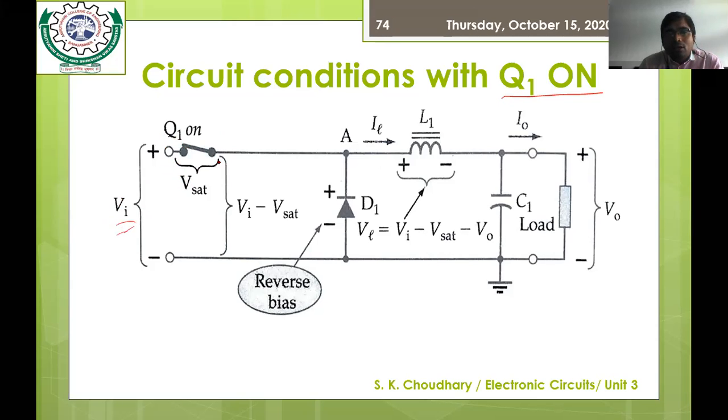When Q1 is on, the voltage across the switch terminal is now VI minus Vsat, because in practical cases there is some voltage drop across it when the transistor is on, shown here as Vsat.